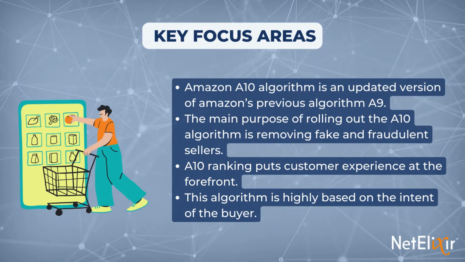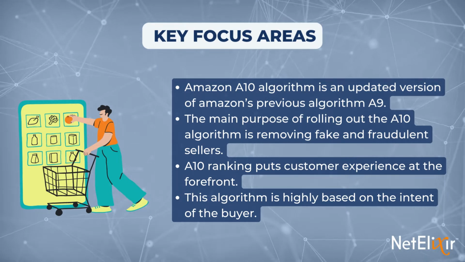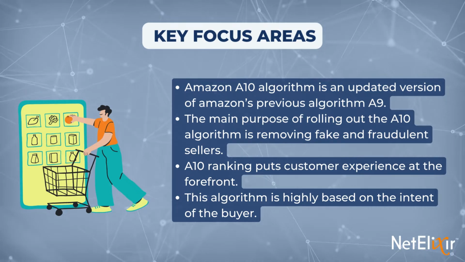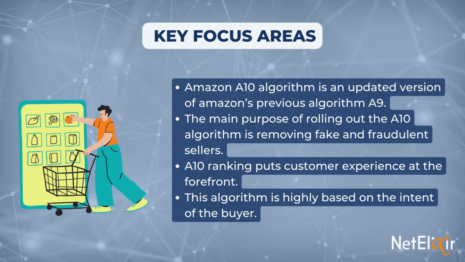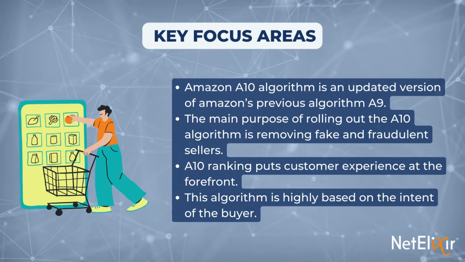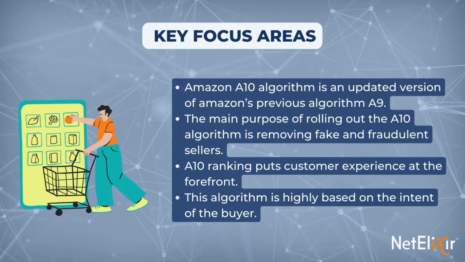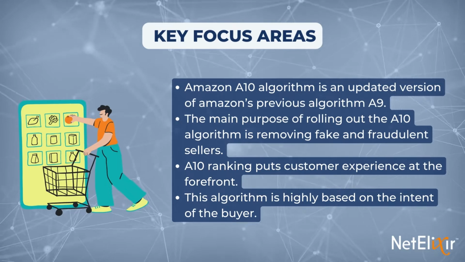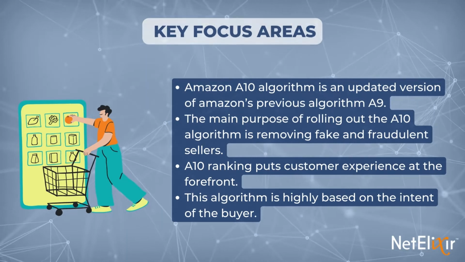This algorithm is highly based on the intent of the buyer. A10 gives much more weight to relevancy, shifting the focus to giving users more accurate findings, and less given to sales driven from its internal ad system, sponsored products, also known as Amazon PPC. Earlier A9 algorithms pushed users to more profitable products rather than relevancy.